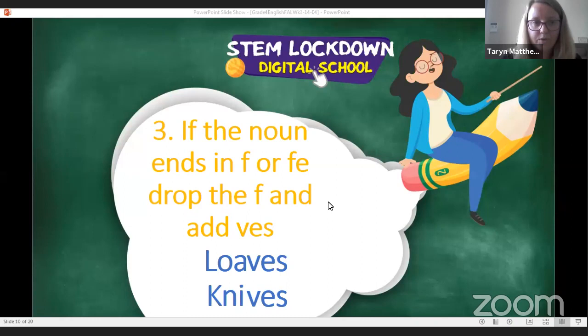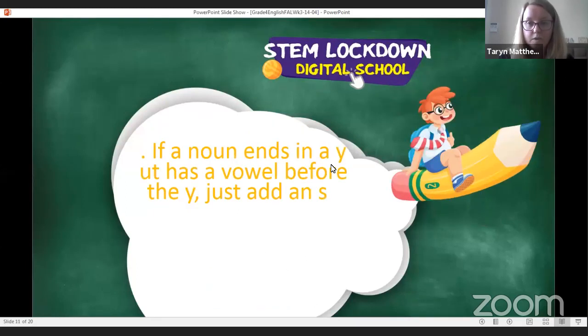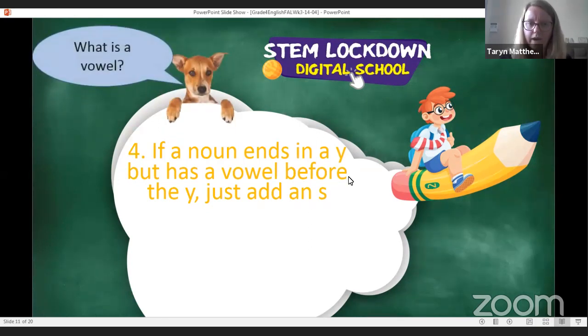Okay, have you got rule number 3? Can we do number 4? Okay, good. I'm seeing some people nodding, some people saying yes. Excellent. So now number 4 says, if the word ends in a Y, but it has a vowel before the Y, I must just add S. So some of you might be wondering now, what is a vowel?